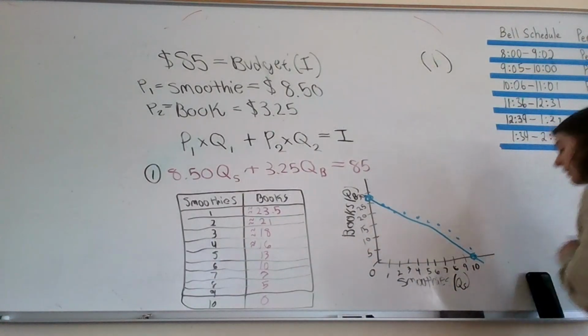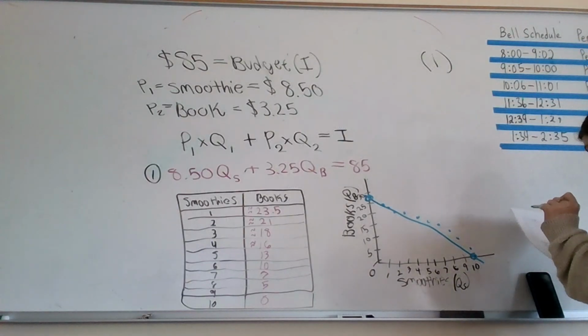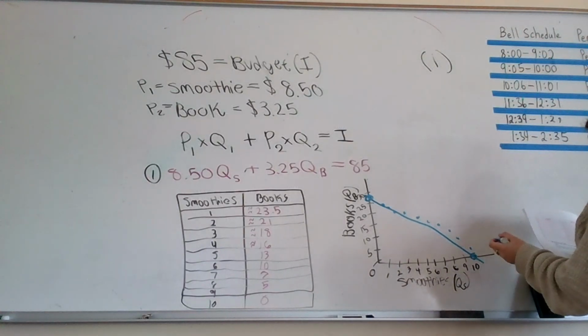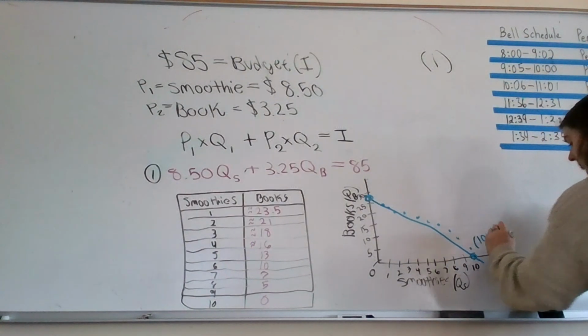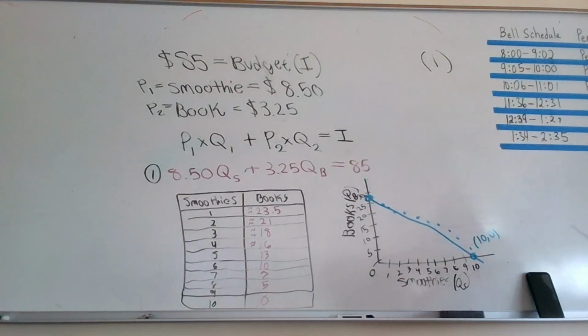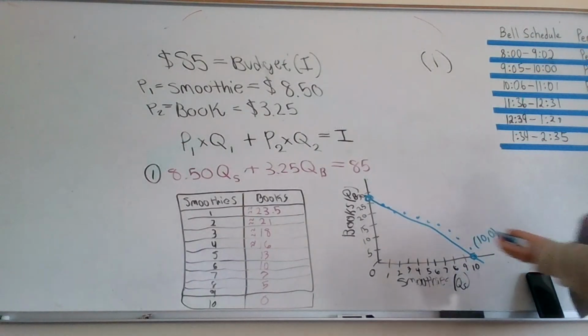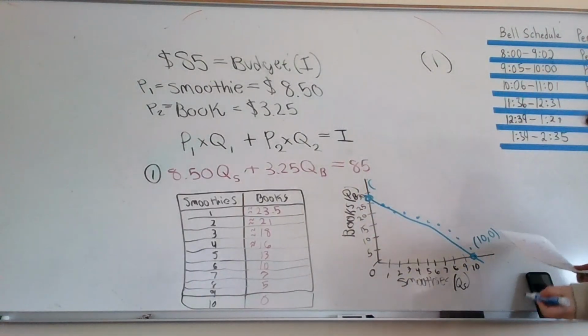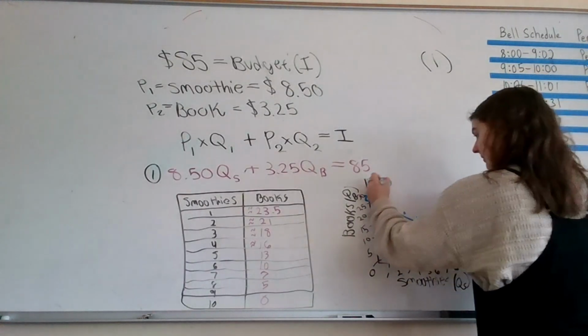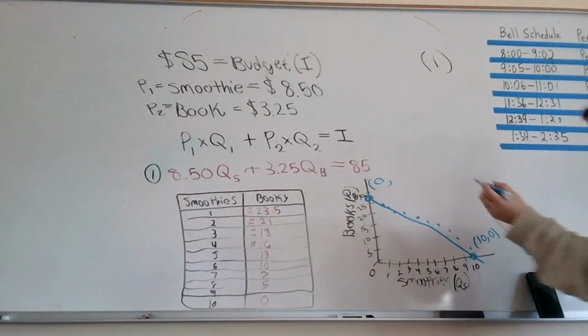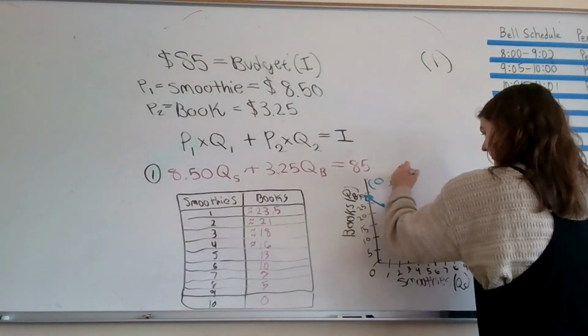If I only consume smoothies, how many smoothies can I consume? Well, if I only consume smoothies, I can consume 0 books. I can get 10 smoothies or 0 books. If I only consume books, and I consume 0 smoothies, I can get about 26 books.